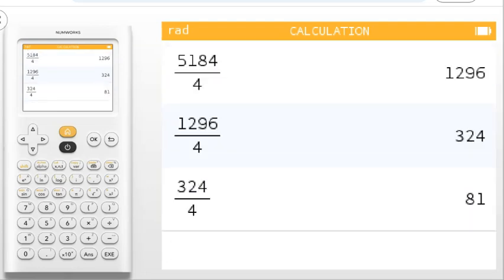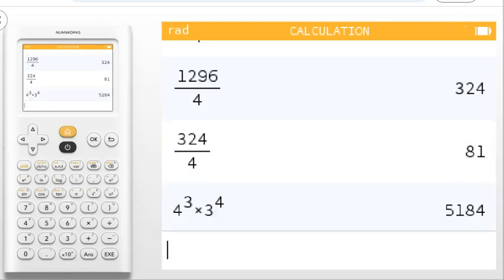And we know that 81 is equal to 3 to the 4th power. So we did 3 4s, 1, 2, 3. That means 4 times 4 times 4 times 3 to the 4th power, which is 81. So that's 4 to the 3rd power times 3 to the 4th power is 5184. So we got it.